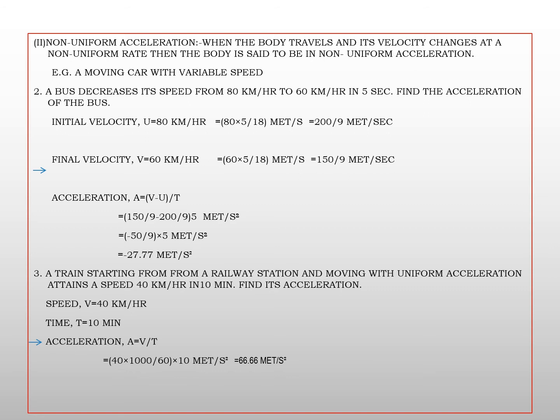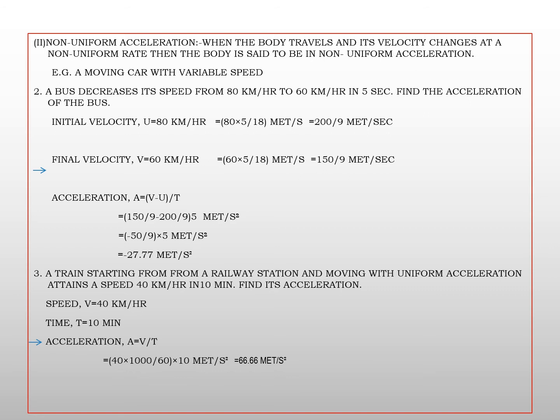So we multiply 80 km per hour with 5 by 18, and after calculation we obtain 200 by 9 meter per second. Final velocity v is 60 km per hour, and we multiply 60 into 5 by 18 to convert it into meter per second, and we obtain 150 by 9 meter per second.